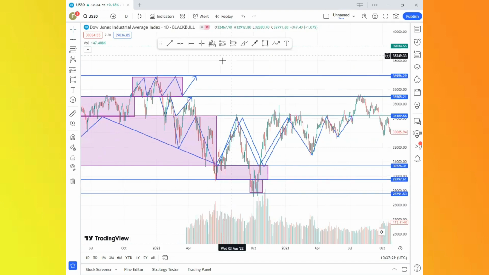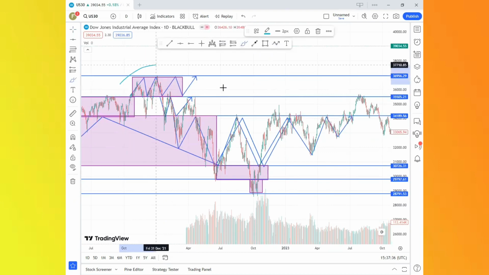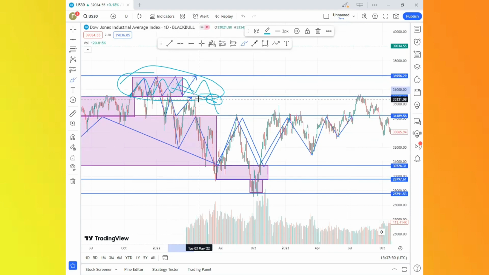So as I've said, guys, with this overall playground here, the market has to play inside this here. As soon as the market breaks this level, which is our support for this level here, it will now act as a ceiling for this level here, and this level here will now act as a support.